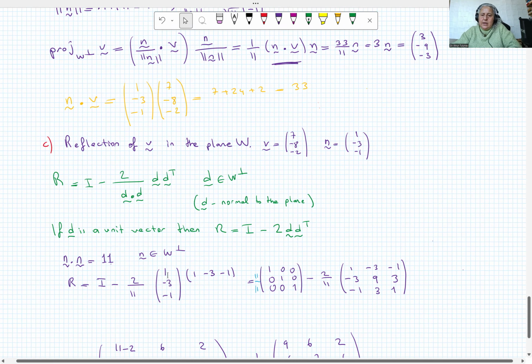And then you calculate this multiplication, this identity matrix here. This multiplication will give 1, minus 3, minus 1. You will have minus 3, 9, and 3, and so on. So you will have this matrix.